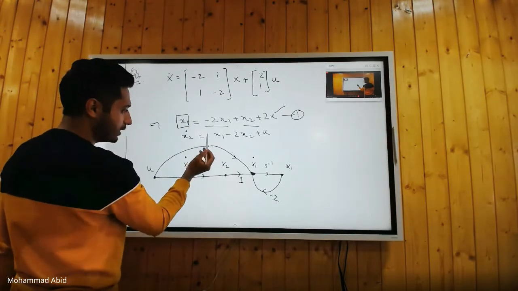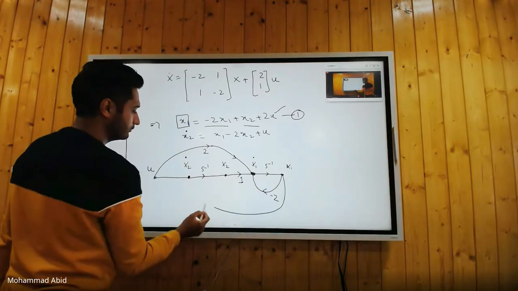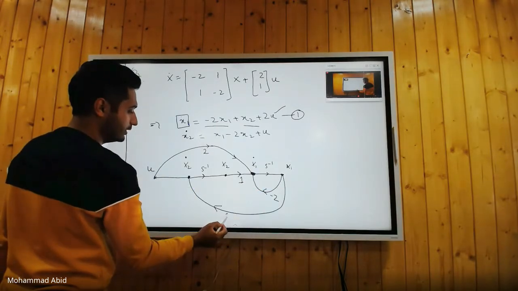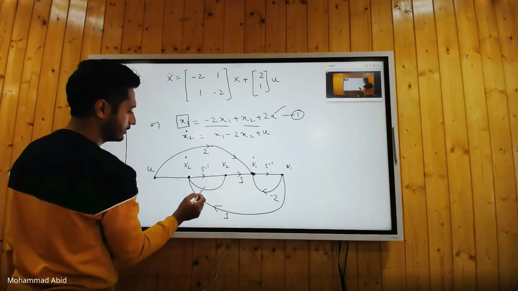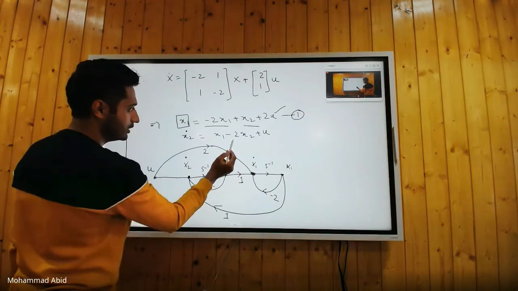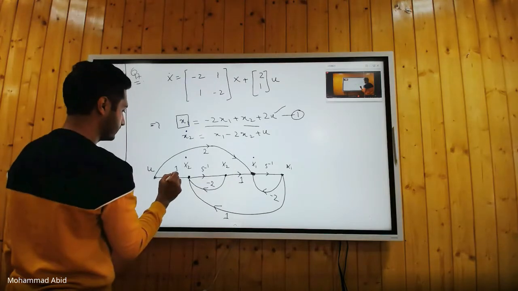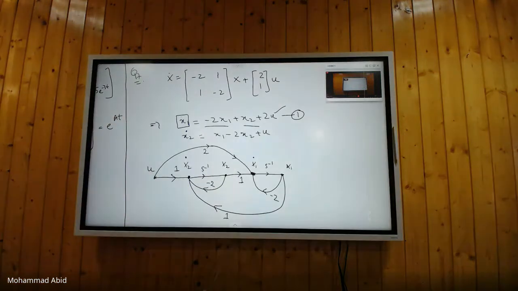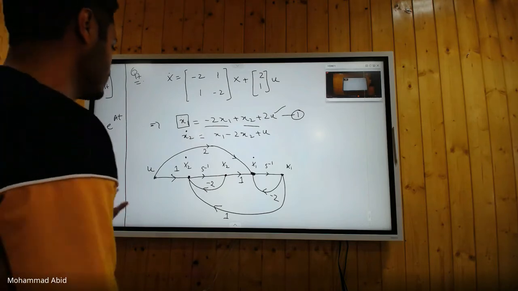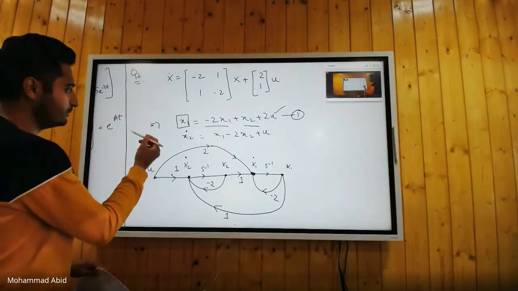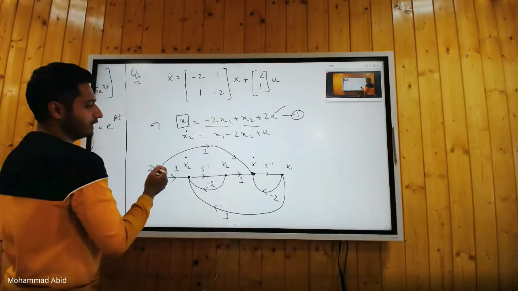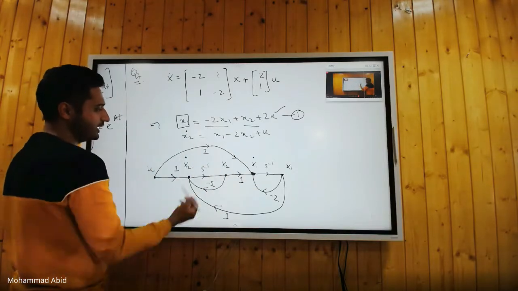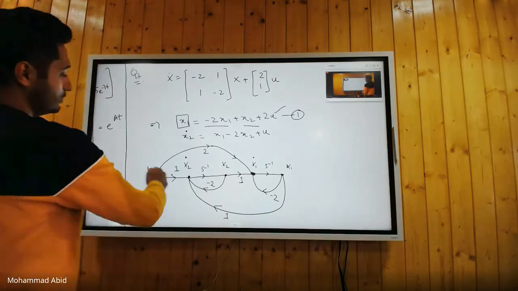That's equal to x1, which means x1 is coming here with gain 1, minus 2 times x2, x2 is here, plus 1 times u. Okay. If you have enough practice, you can straight away write this. Or one by one, just see entry wise and write the nodes, try it a couple of times and you will get it. But agar aapki practice achhi hai, so you can write it straight away.